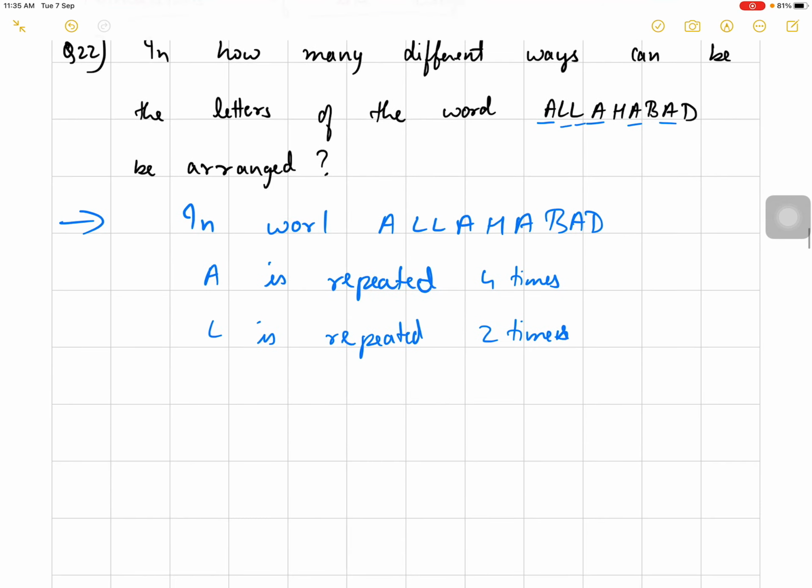So you know the formula of nPr. The formula for nPr is n factorial divided by n minus r factorial, but when the letters are repeated, 4 times and 2 times, then in the denominator you will write 4 factorial and 2 factorial. So there is a slight change in the formula.